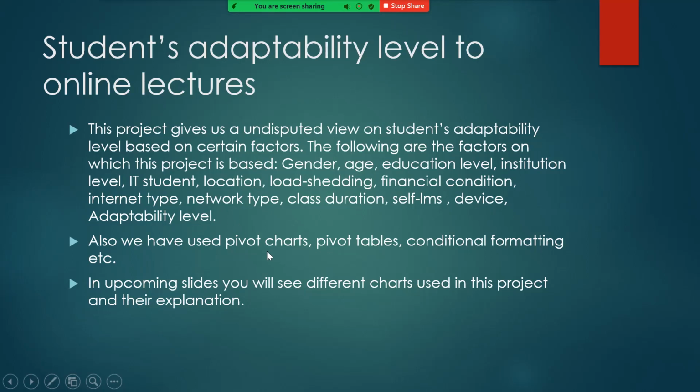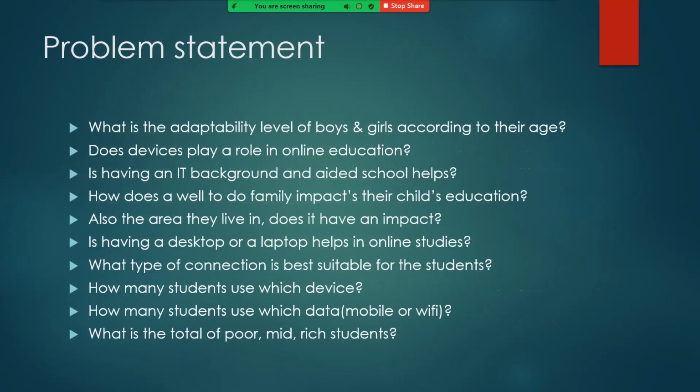In order to make this dashboard, we have used pivot tables and pivot charts, and also we have used some raw data, and that raw data, courtesy, I have got from Kaggle data sets. All right, so let's get started.